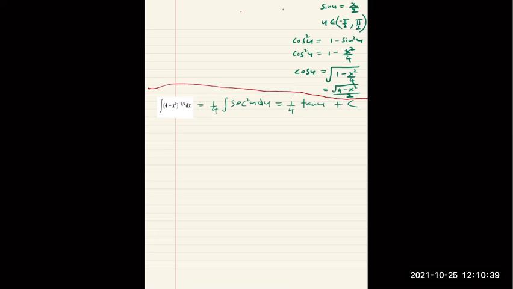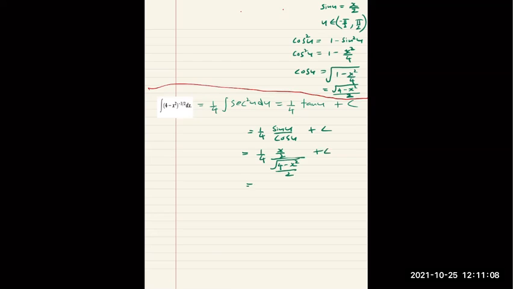Okay, now I can find tan u. We know that tan u is sine u over cosine u. So with that, this is going to be 1/4 times sine u divided by cosine u, plus c. That's going to be equal to 1/4 times sine u, which is x over 2, divided by cosine u, which is square root of 4 minus x squared divided by 2, plus c.